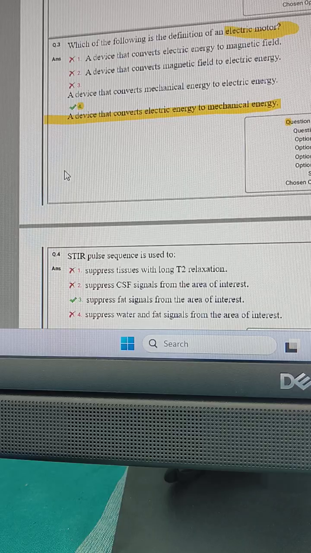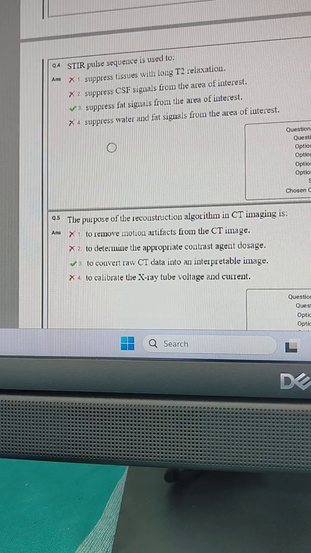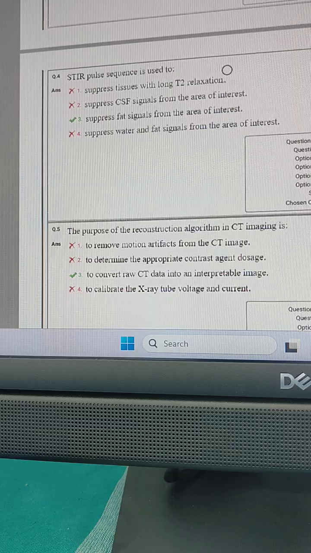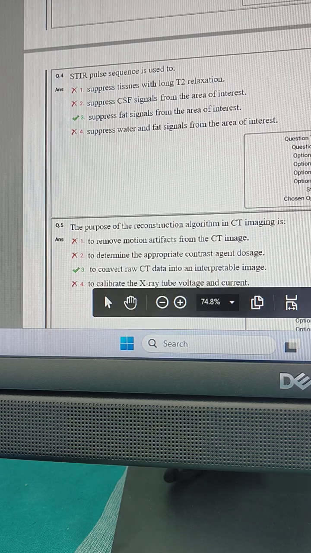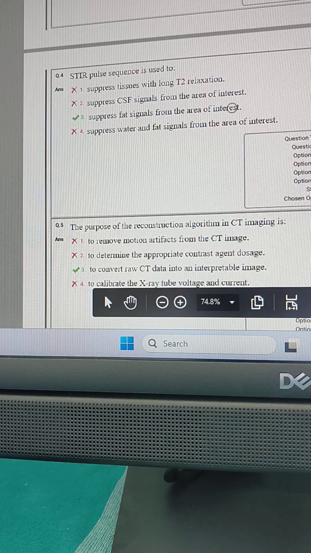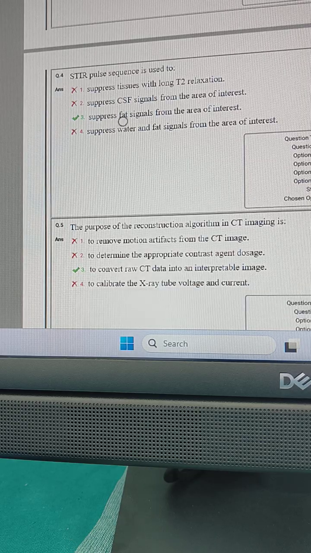Then question number 4. STIR pulse sequence is used to suppress tissue with long T2 relaxation, suppress CSF signal from the area of interest, or suppress fat signal from the area of interest.